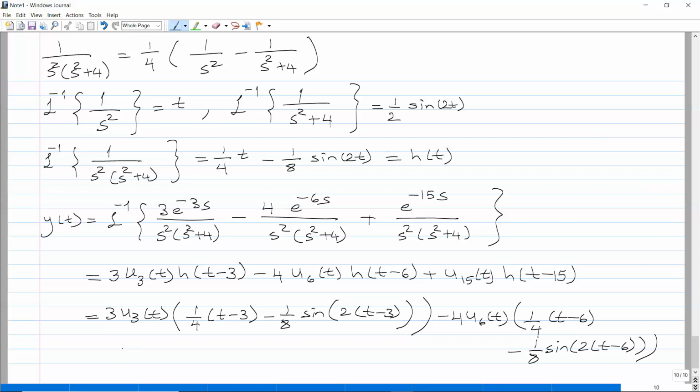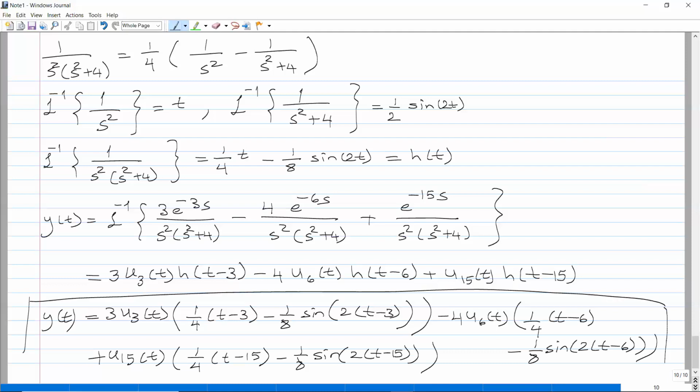And plus u15(t) h of t minus 15. So 1 over 4 (t minus 15) minus 1 over 8 sine of 2(t minus 15). Again, a long term, but that's what it is.